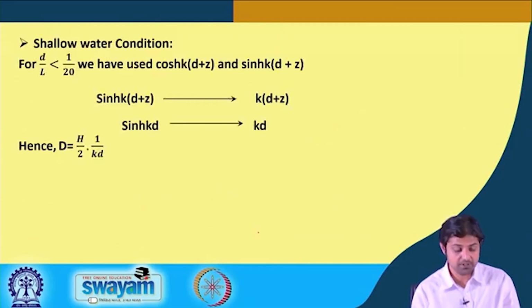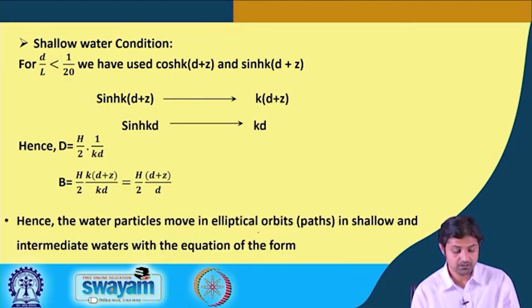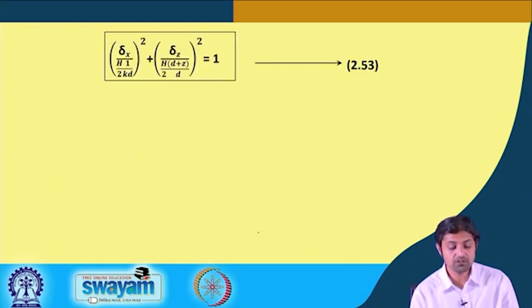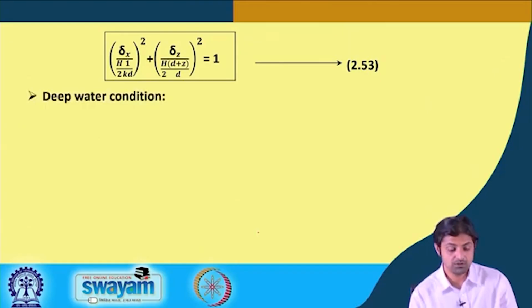So, this capital D becomes H by 2 into 1 by kd, and B becomes H by 2 k(d+z) by kd. Hence, the water particle in shallow and intermediate waters moves in an elliptical orbit, with the equation of the form which is simply substituted with this D and B.